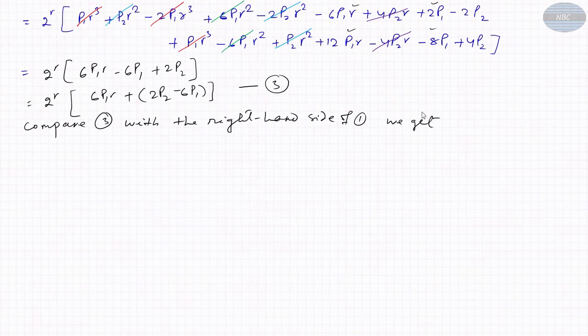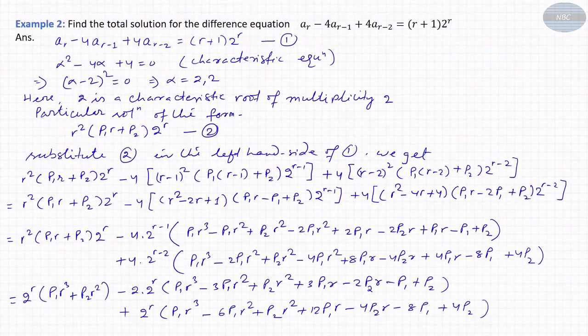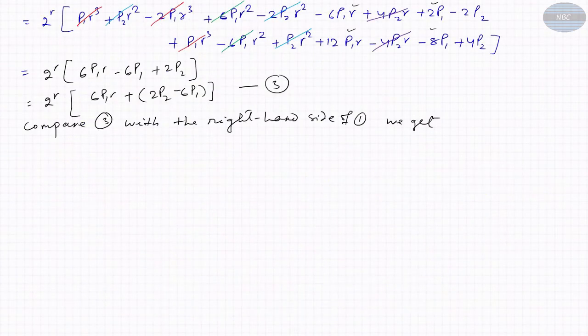We'll get 6 p1 is equal to 1 and minus 6 p1 plus 2 p2 is equal to 1.